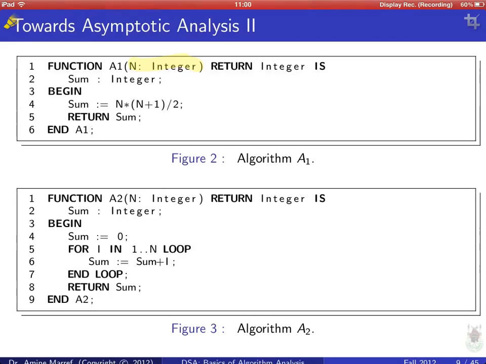You define sum as an integer, and then you perform a multiplication, an addition, a division and an assignment, all in one statement, and then you make a return. So the number of steps here is the same, whether n is 100 or 10 or 1 or 1000. It's always going to be the same number of steps. In the second one, it's going to be different.